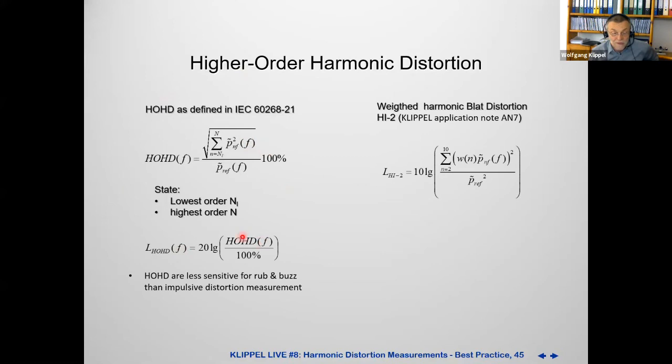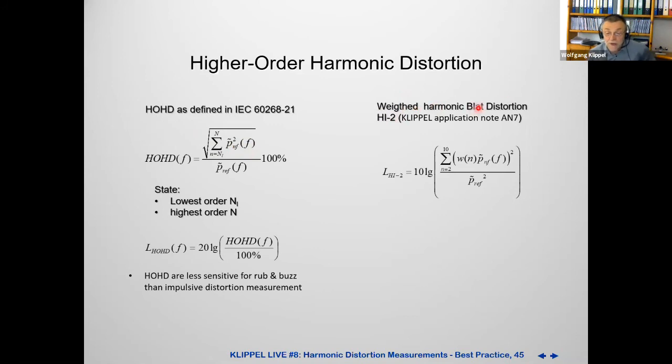That's one thing. That's maybe a candidate for Rub and Buzz measurement, but it's a very, very poor metric. Why? Because you are prone to noise problems. There's a much better way of doing that.